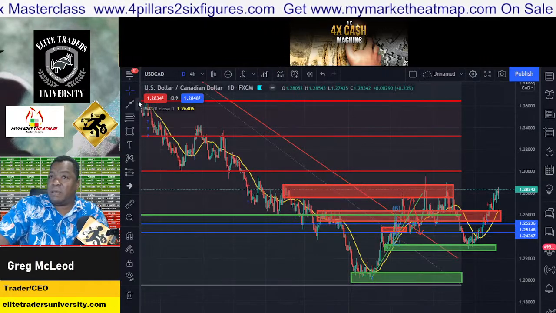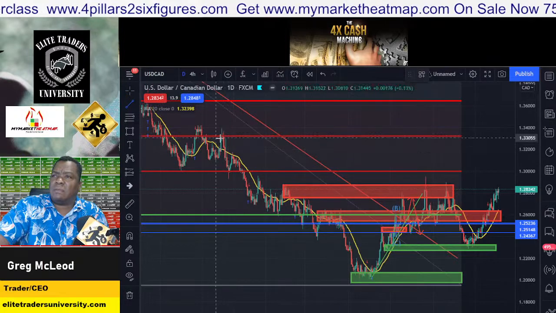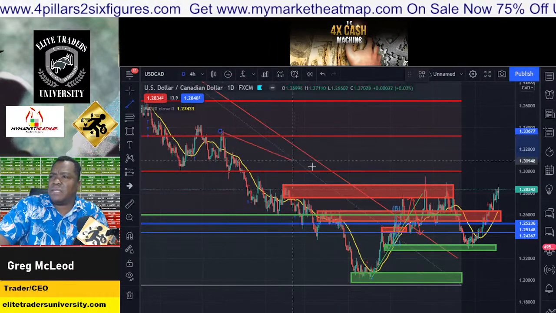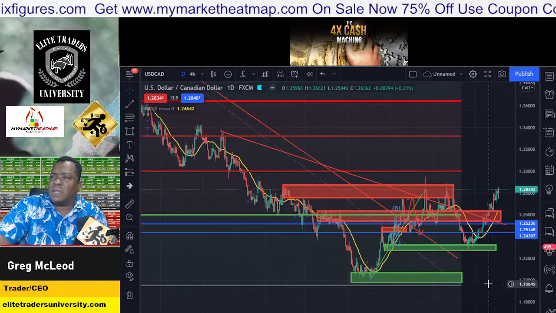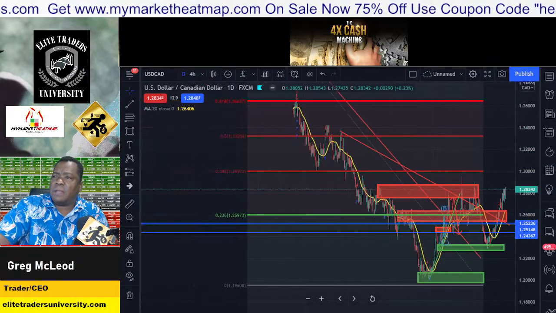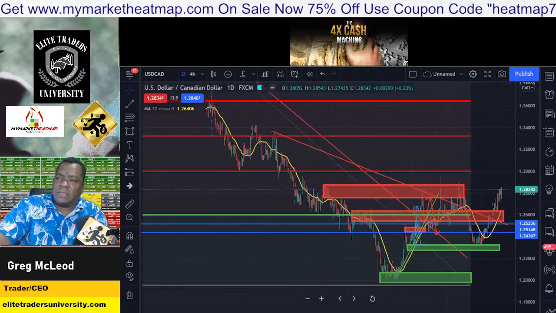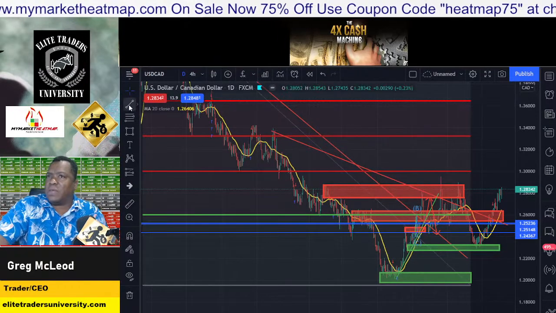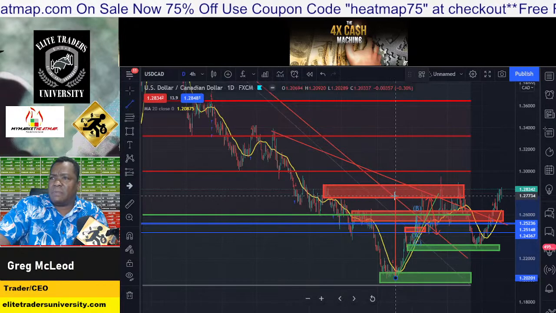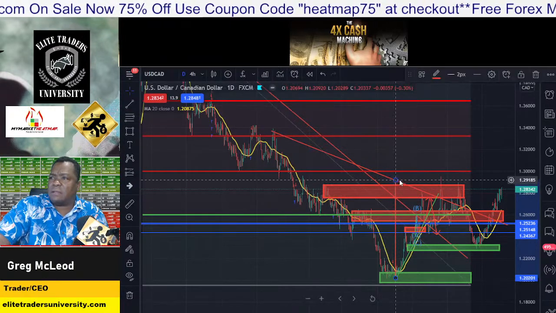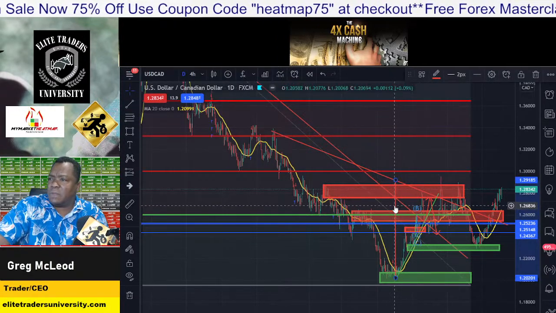It's a great little pattern. We don't necessarily use it because we have other patterns which are much more profitable in the Elite Traders University, but technical analysts will agree that the inverted head and shoulders is a good pattern to look at. It's just late.